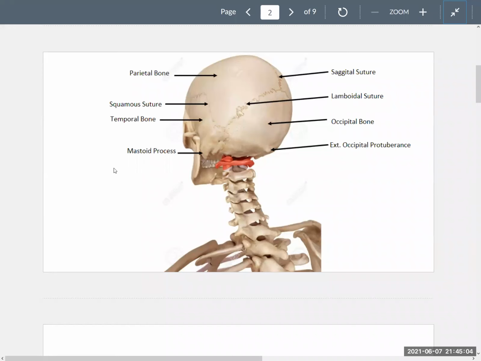It's a little early for this one, but this is the mastoid process. This is that bony projection behind and below your ear that you felt all your life. Insertion for the sternomastoideus muscle that we'll be learning later.